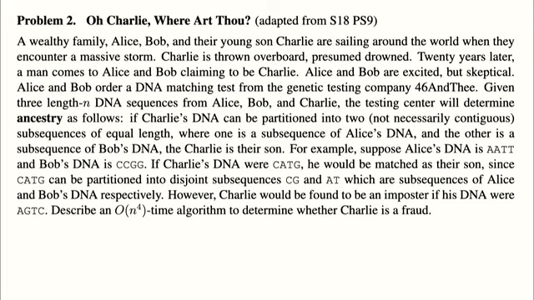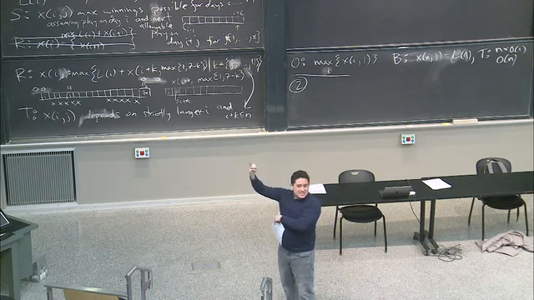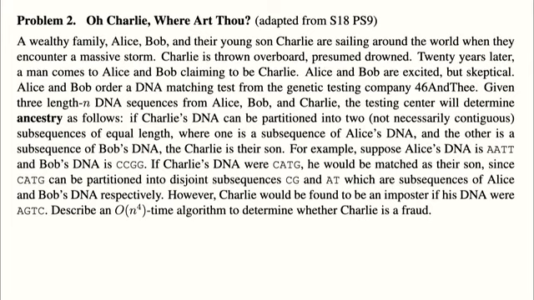But Charlie would be found to be an imposter if his DNA sequence were AGTC. It's easy to realize that because G and C are swapped in terms of their ordering, and the letters GC only appear in Bob's DNA and don't appear in that order.